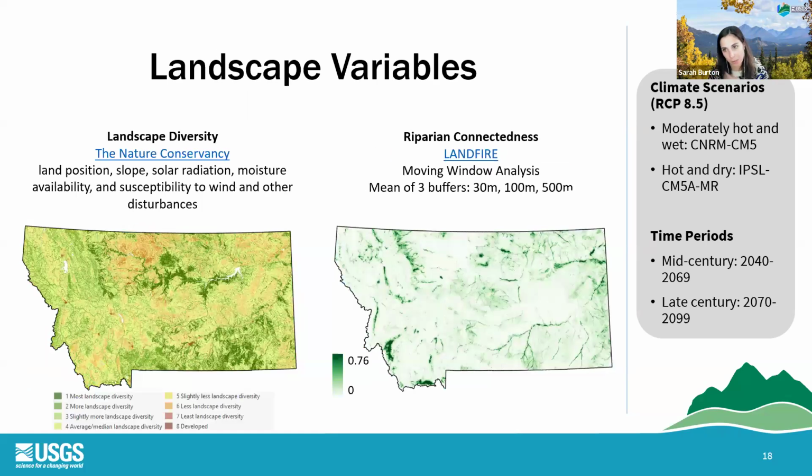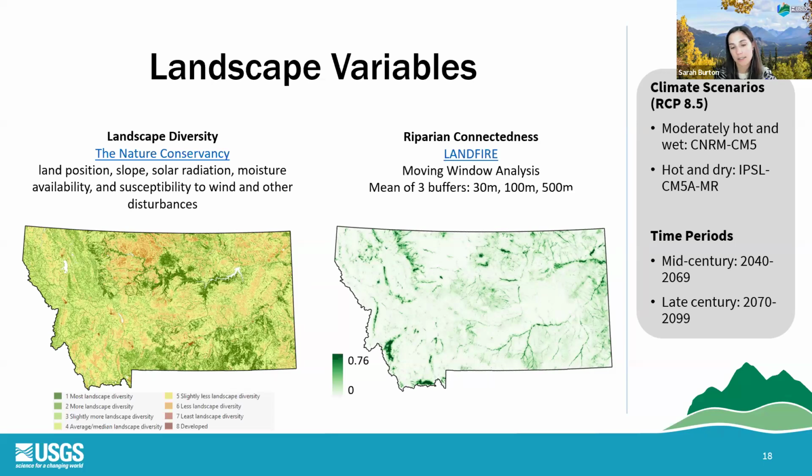Those landscape variables that I mentioned, there were 2 of them. So in total, we had these 4 variables, but two landscape ones specifically. The first one I'll highlight, we pulled from an existing data resource, again, from the Nature Conservancy this time, who is one of our partners that we work with quite frequently. And this was their layer of landscape diversity.